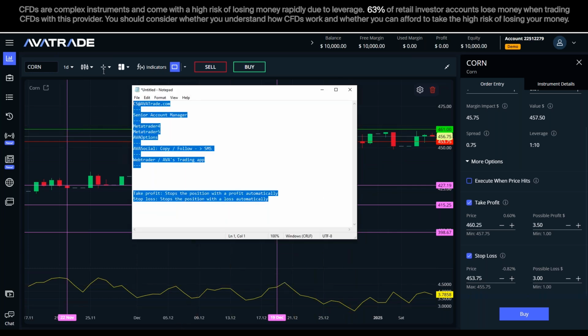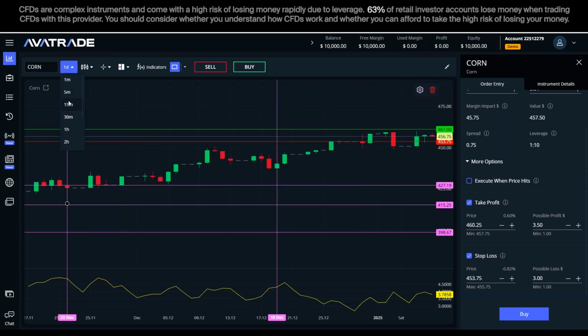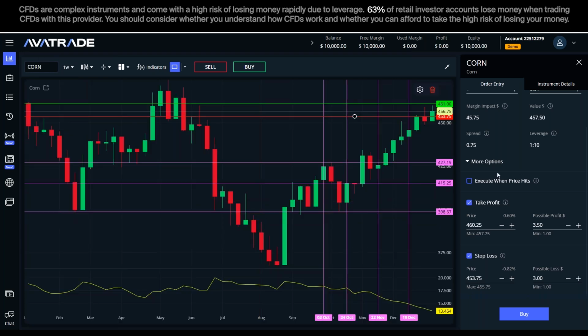I can write down the target that I have, which is 1,000, and the duration, which is 1 day. I'll be honest and tell you guys that I think that 1 day to make $1,000 with a $10,000 account might be challenging. Let's maybe change it to weeks, and see how weeks looks.